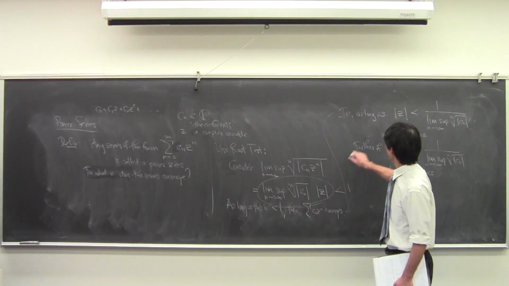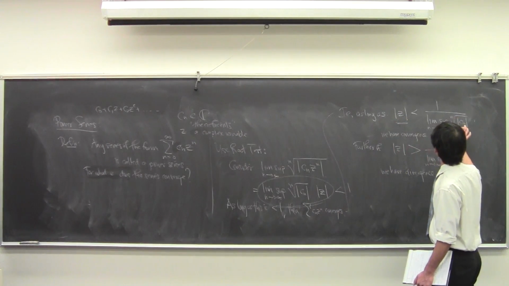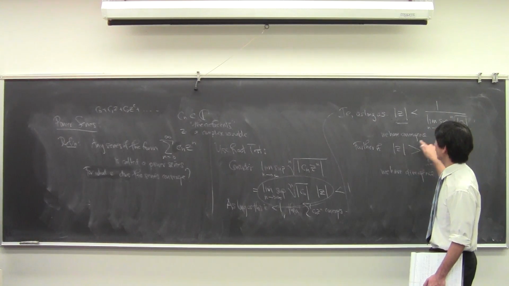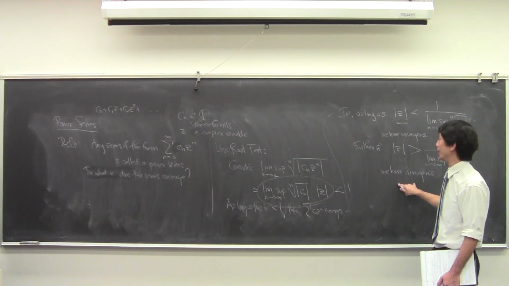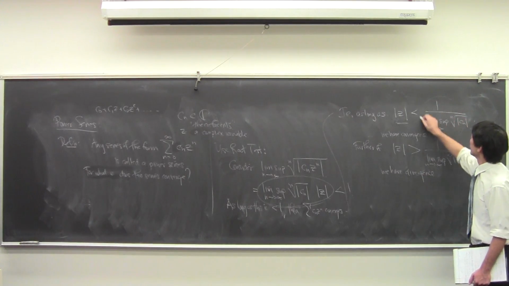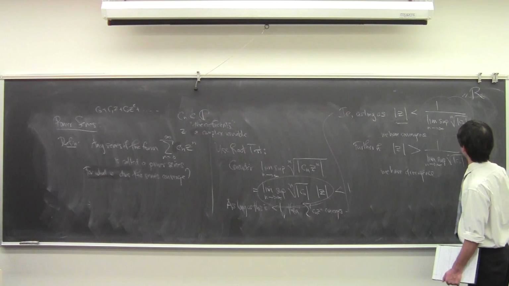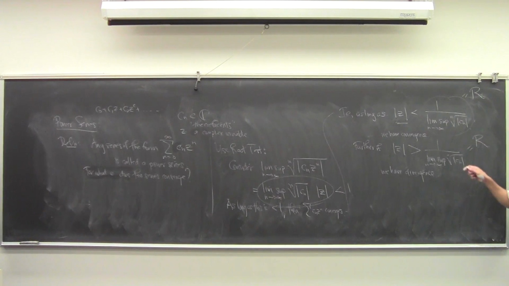If this times this is less than 1, then we have convergence. If this times this is greater than 1, we have divergence. So what is it saying? Let's call this thing R.